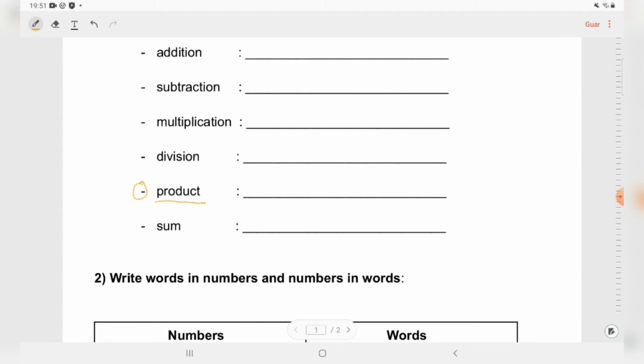As you know, a product is the result of a multiplication, or the answer of a multiplication. I'll give you one example. If we do 12 multiplied by 2, 2 multiplied by 2 is 4, 2 multiplied by 1 is 2. So 24 is the product of this multiplication, the answer of the multiplication.